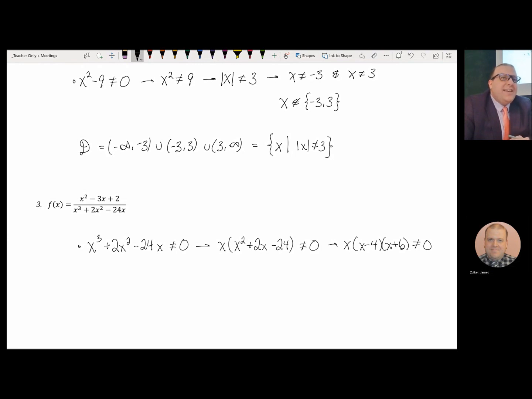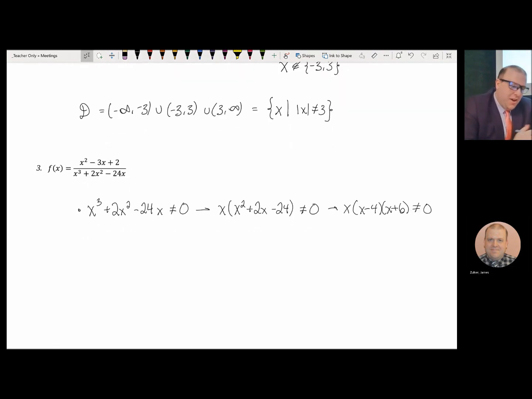The zero property states if you take the product of real numbers and you get 0, then at least one of those numbers is 0. A corollary to that would be if you take the product of real numbers and it's not 0, then none of the numbers can be 0. Right.